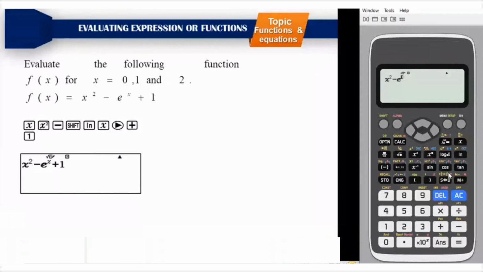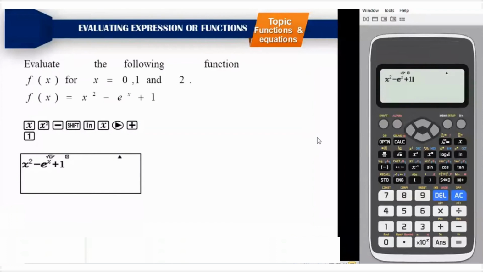I will press x, scroll right, and press plus and 1. So this is the question on the screen. I need to find the value for x as 0, 1, and 2.